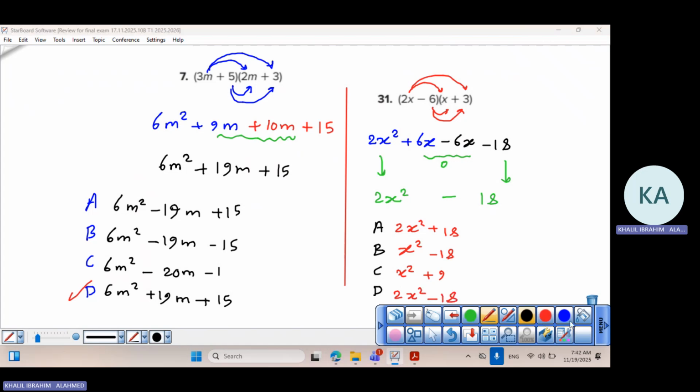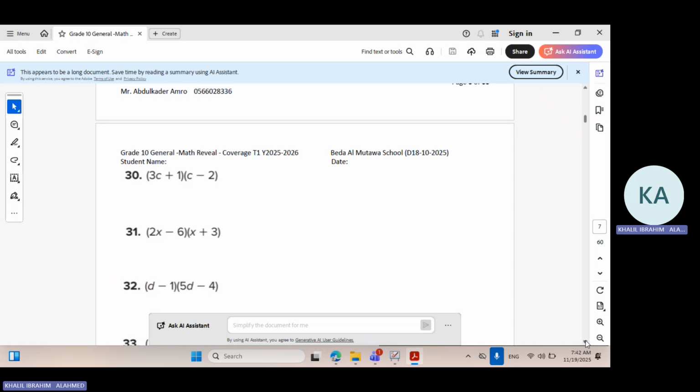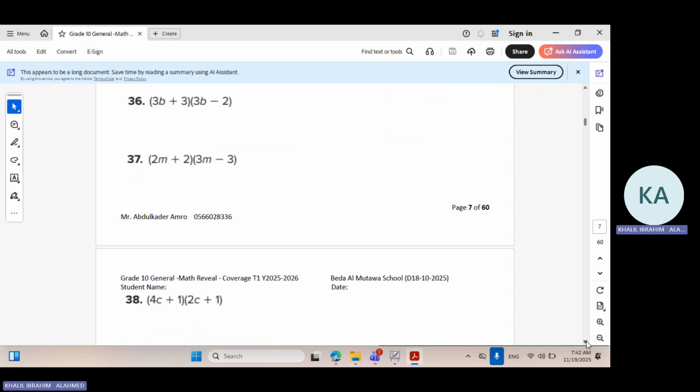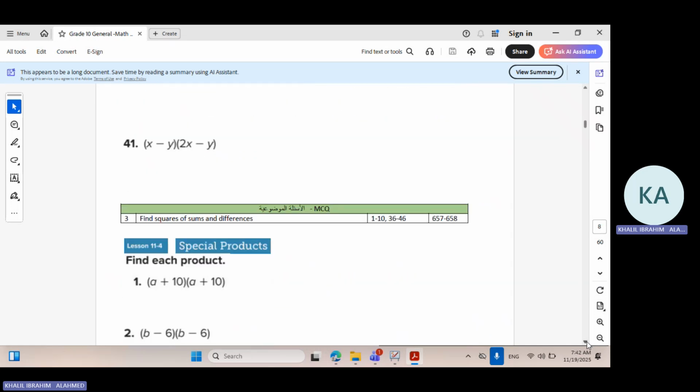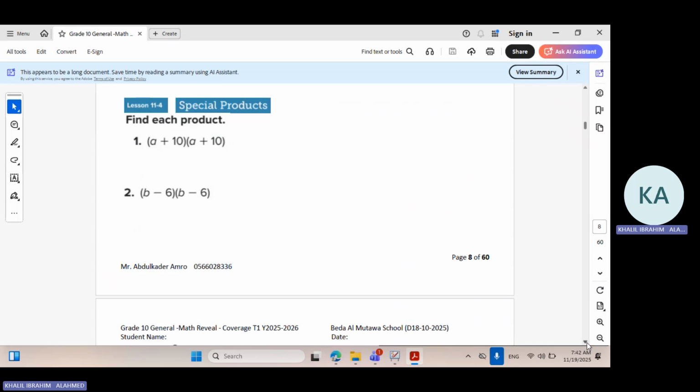The final answer is D, the same. Be careful about this, how to use the elimination strategy to select the correct answer. Let's move also to the next question in Haykal.